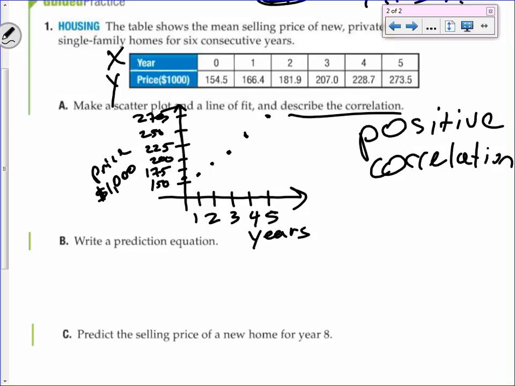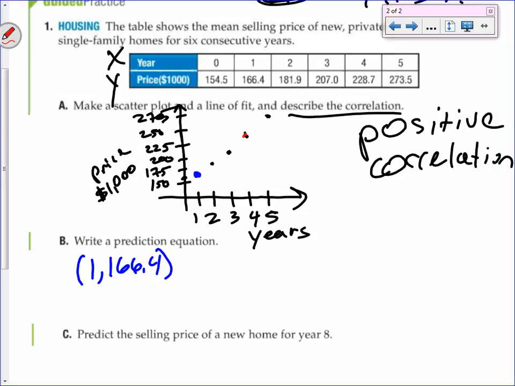The line of fit, so a prediction equation. We need to pick a couple of points that best fit the data. I think I'm going to go with this point here. We just need to pick 2. So I'm going to pick 1, 166.4, and I'll highlight the other one here in red.